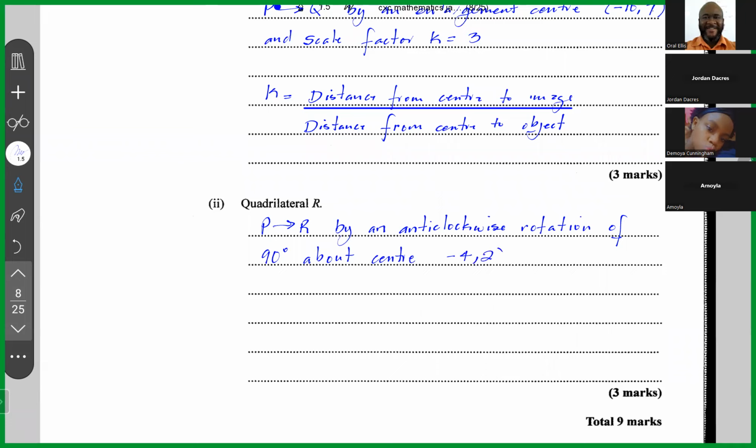The center of rotation is -4, 2. Whenever you're describing a rotation, the description must have 3 elements: the direction of rotation, that is anticlockwise, the angle of rotation, 90 degrees, and the center of rotation, which is -4, 2.